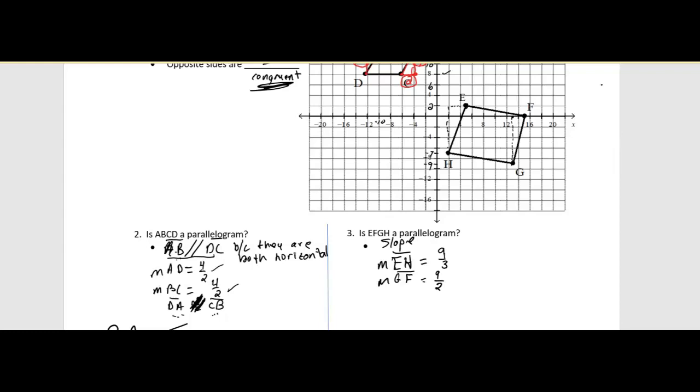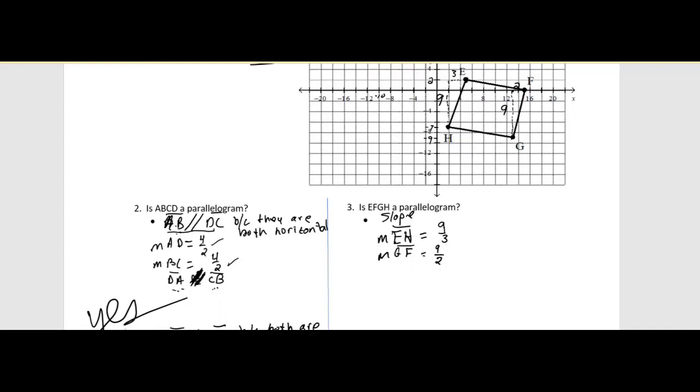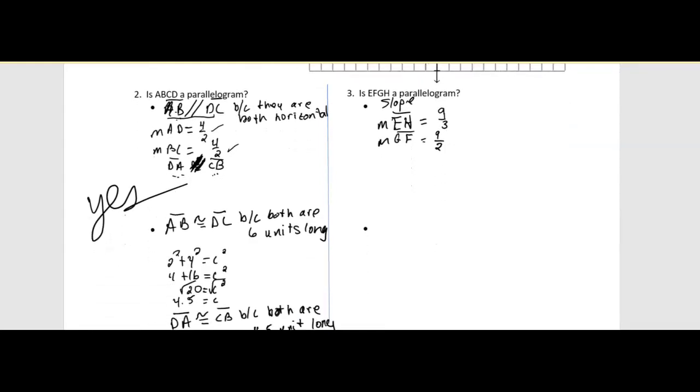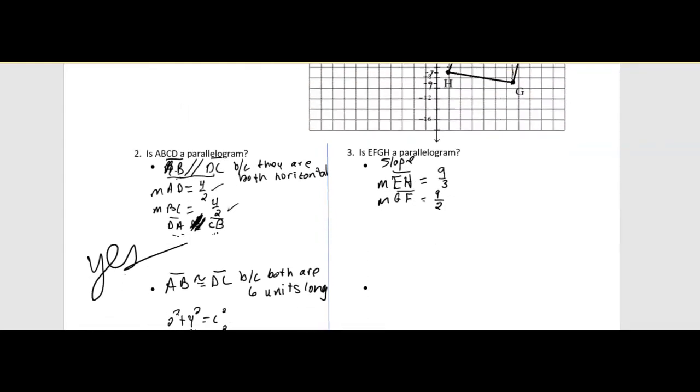Well, if opposite sides have to be parallel, this one we go up 9, right 3, but this one we go up 9, but only right 2. We can see there, these are not parallel. So that one makes it a little bit shorter. It really saves you a lot of work going through all of this.